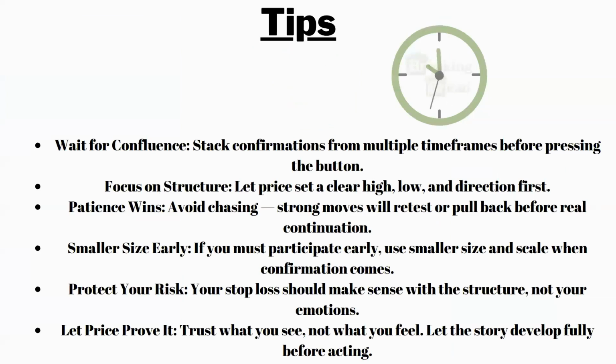All right, so some tips. Wait for confluence. So stack your confirmation for multiple time frames before pressing that button. Confluence is so big, it doesn't matter if you're trading on the front half or the back half. You want to make sure you have confluence in your trades. For me, I only need two things in confluence for me to take a trade. But you want to make sure you have that in place before taking the trade.